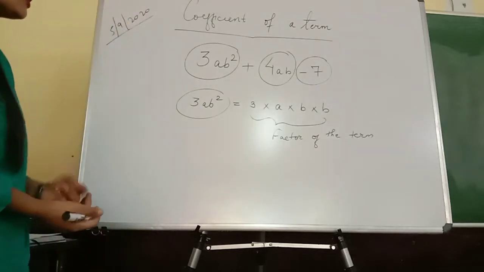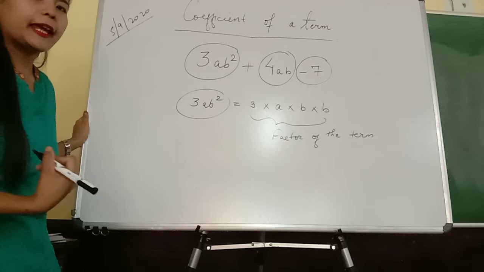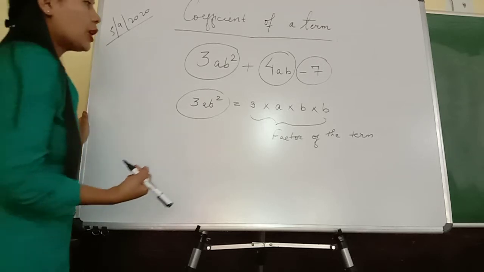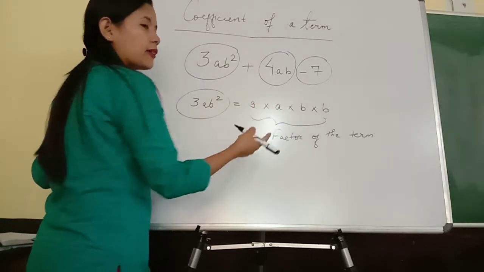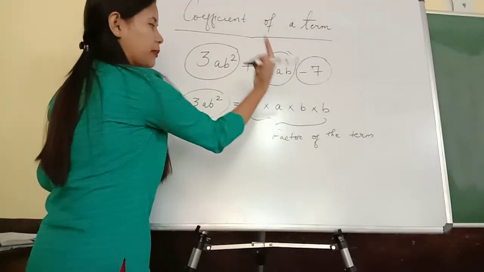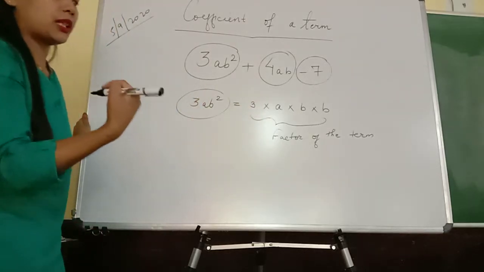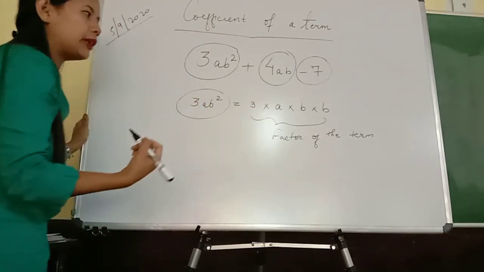Suppose I ask you what is the coefficient of ab. Then remove ab, because we are trying to find the coefficient of ab. Removing ab, whatever factors are left, listen to me very carefully.